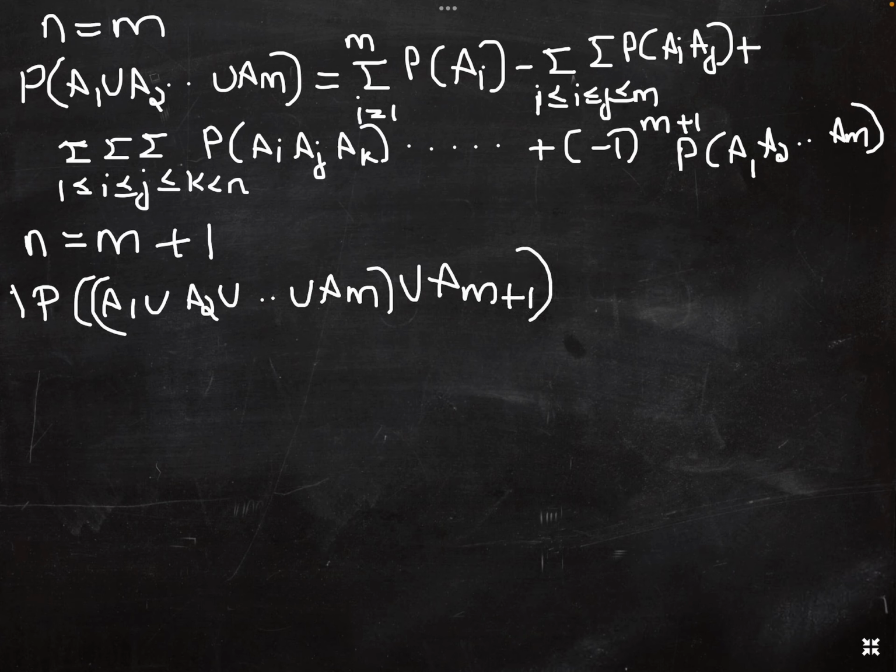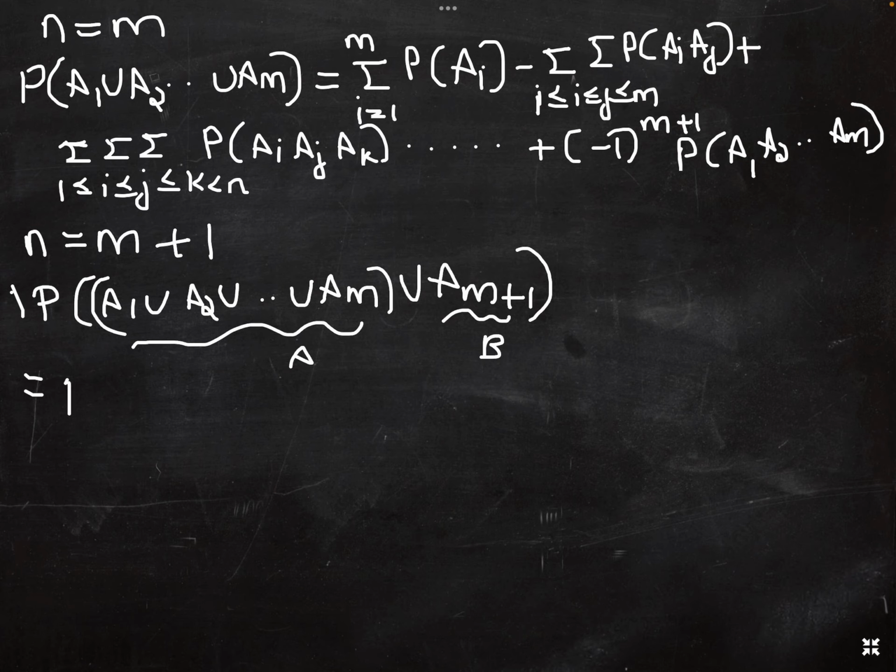That is equal to, we know that this is A, this is B, P of A union B. P of A union B is P of A plus P of B minus P of A intersection B.